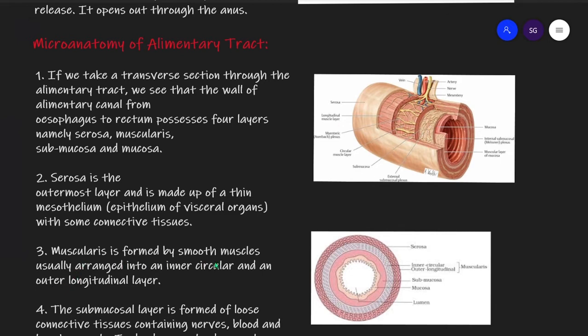Muscularis is formed of smooth muscles. As the name suggests, there is muscular tissue and there are smooth muscles which are usually arranged in an inner circular layer and an outer longitudinal layer.